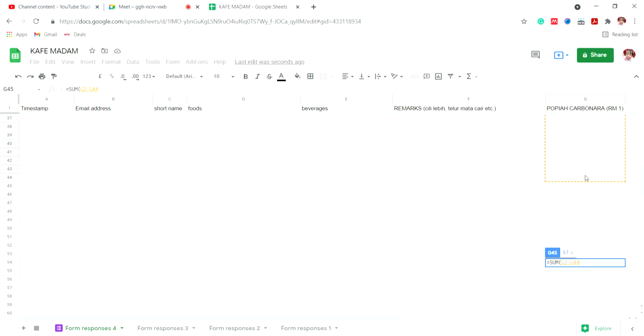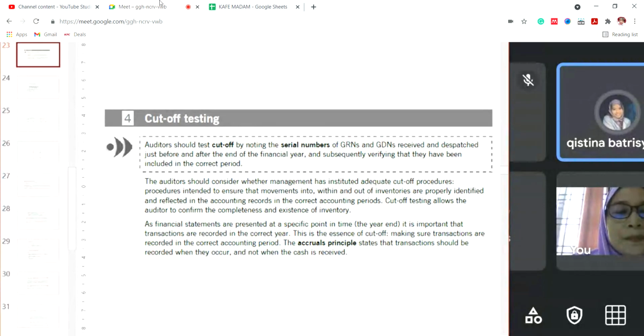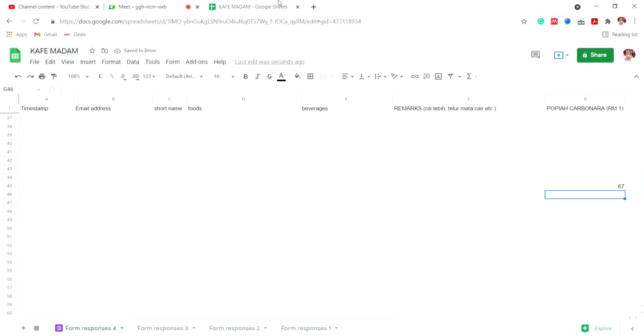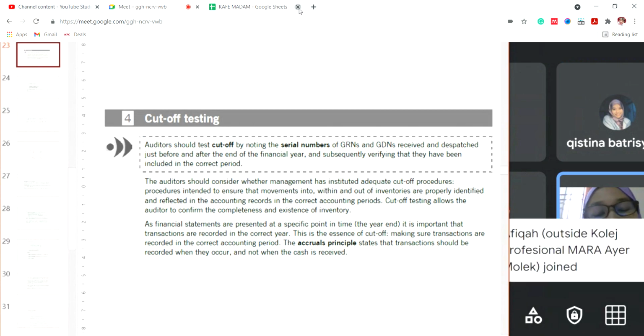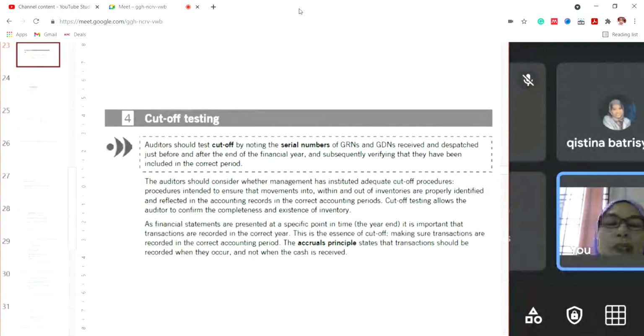To determine that the transactions recorded are within the correct reporting period. Okay, thank you. To determine whether the inventory transaction is recorded at the proper period.